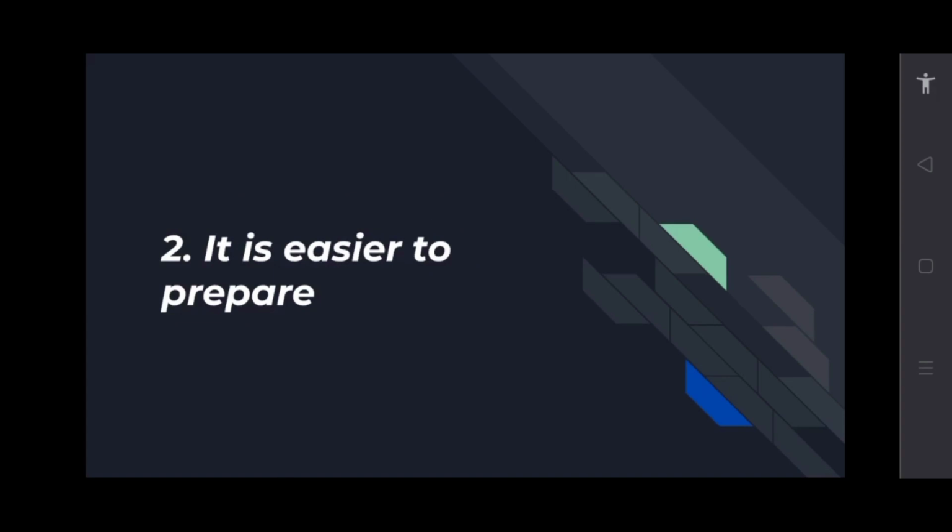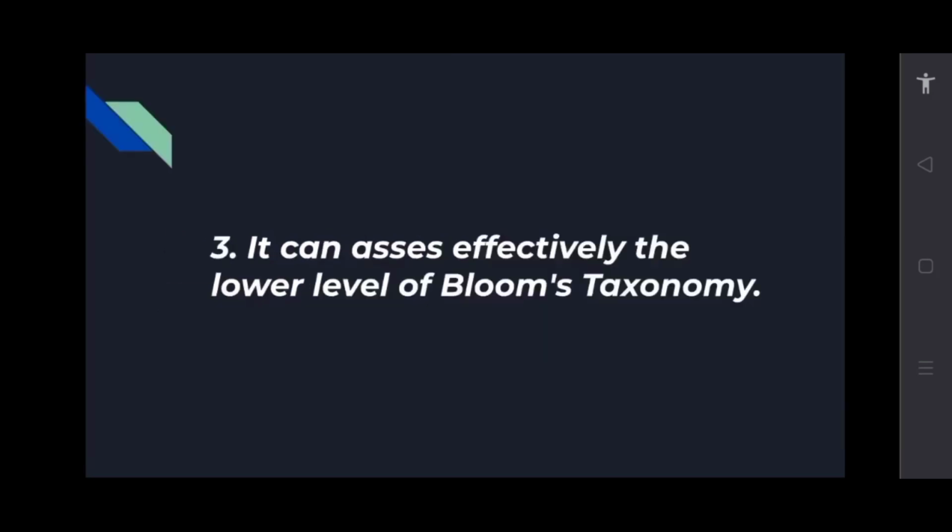Second on the list is it is easier to prepare. Here, it is less time consuming compared to a multiple choice and matching type of test. The third advantage is it can assess effectively the lower level of Bloom's taxonomy. Why? Because it can assess recall of information rather than retention.